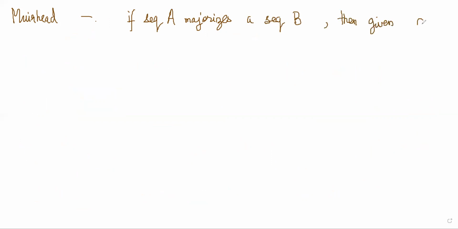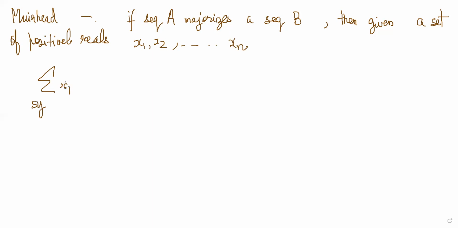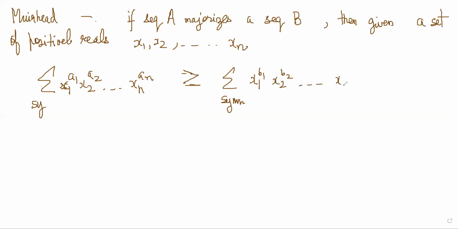Muirhead's inequality states that if a sequence A majorizes a sequence B, then given a set of positive reals x1, x2 till xn, we always have the symmetric sum of x1 to the power a1, x2 to the power a2, and so on, xn to the power an, is greater than or equal to the symmetric sum of x1 to the power b1, x2 to the power b2, and xn to the power bn.